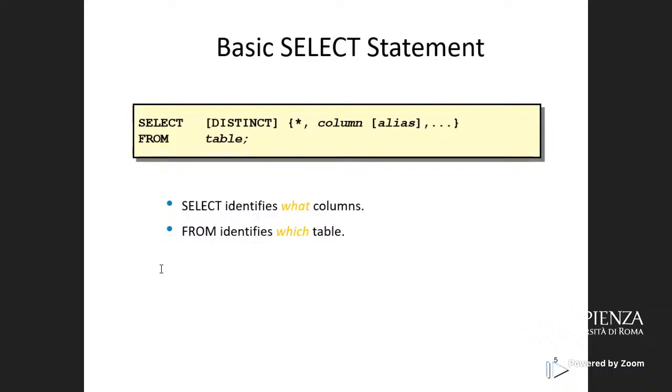So select identifies what columns you are trying to select, and then the from identifies which table you are actually taking those columns from. Now the table can be more than one. We are not there yet, but we'll get there. Your tables can be more than one that you're selecting from. But right now, we're just dealing with just one. So we are selecting what columns from which table.